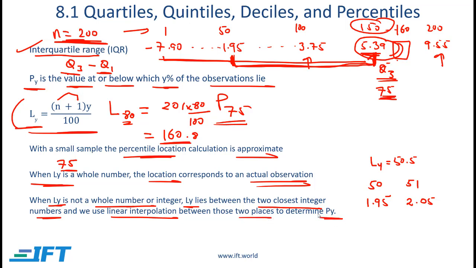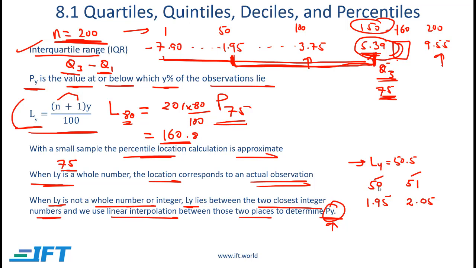Now this is actually making a very simple point. For certain percentiles, we might get a location number that's not a whole number. So there might be a certain percentile for which we get Ly is equal to 50.5. So what is the Py value? If we have 50.5, that means that we need to look between location 50 and 51.